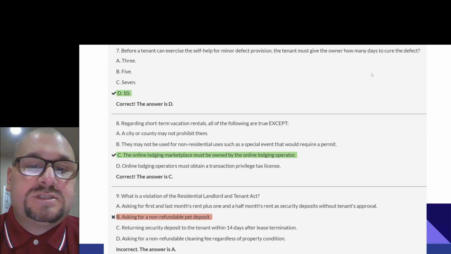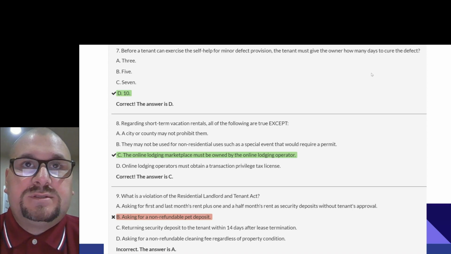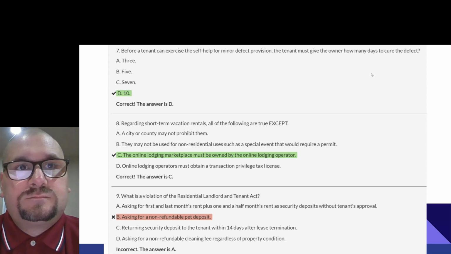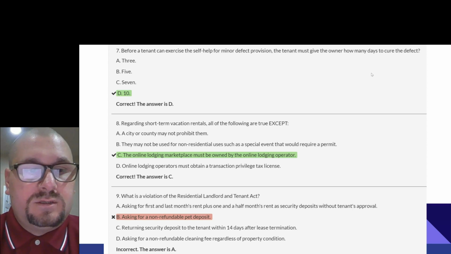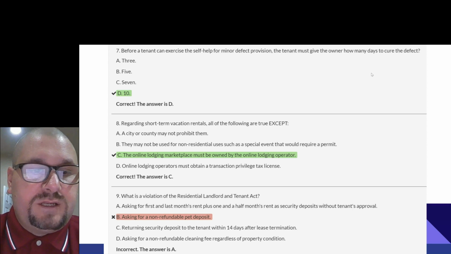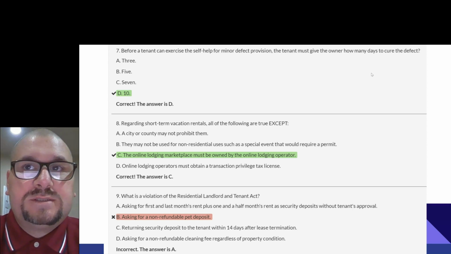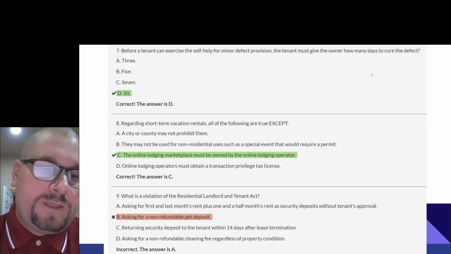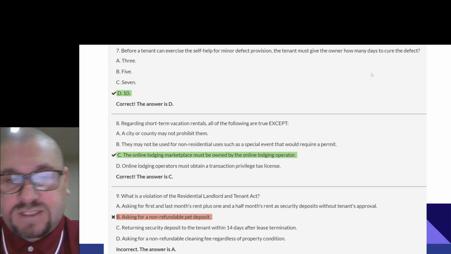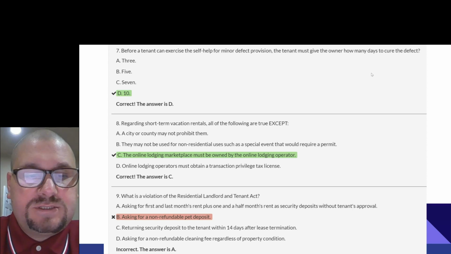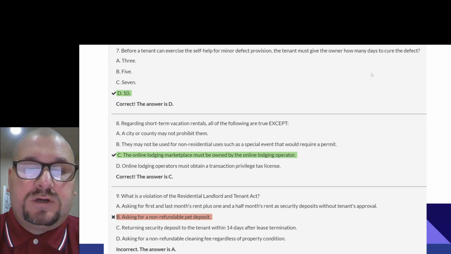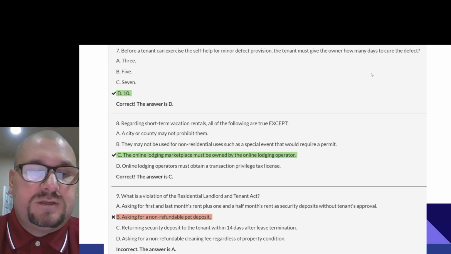So that's a violation of the Residential Landlord and Tenant Act. Asking for a non-refundable pet deposit, that's fine. Returning the security deposit to the tenant within 14 days after the lease termination, that's fine. Asking for a non-refundable cleaning fee regardless of property condition, that is fine.